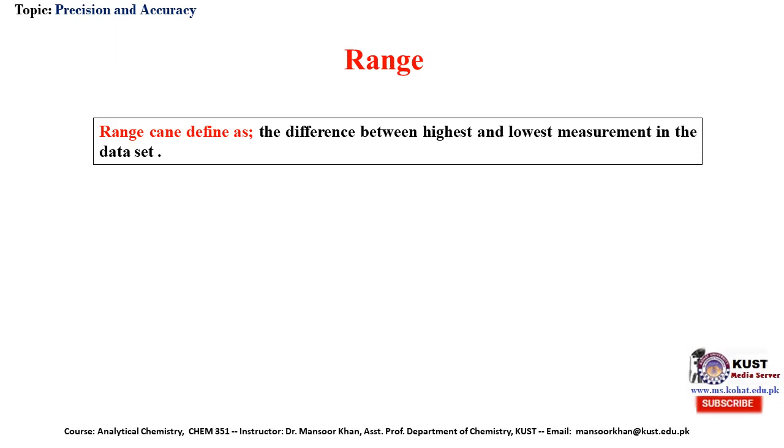If we calculate the difference between the highest measurement and the lowest measurement, it is called range. So the greater the range, the smaller the precision of the work. In other words, precision and range are inversely related to each other.